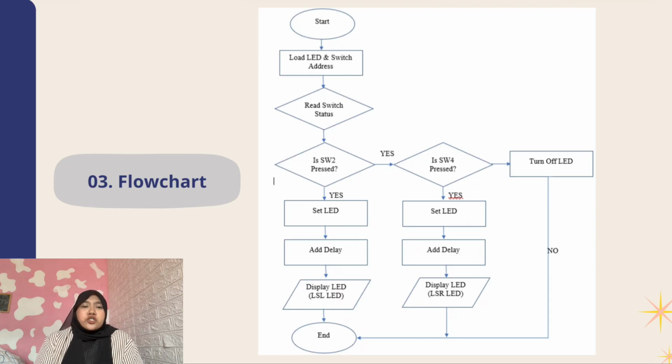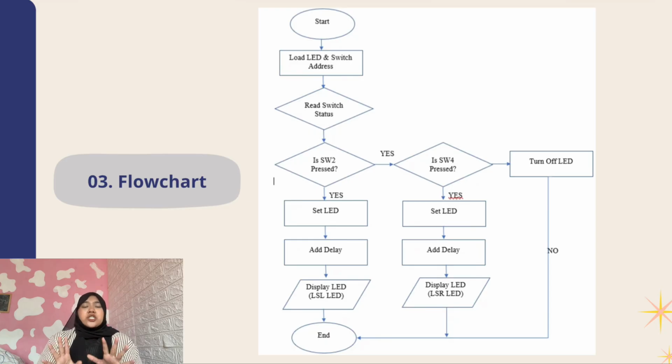Then the logic moves over to check the next condition. Is SW4 pressed? If that one is yes, it follows a very similar path. It sets the LED, adds the delay, but this time it triggers a logical shift right pattern instead. After that display is done, it also wraps up at the end.